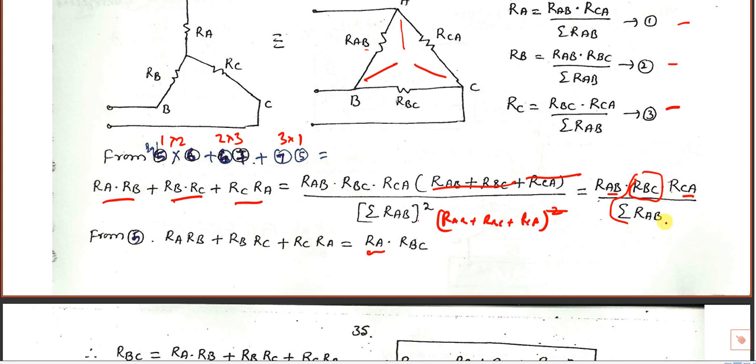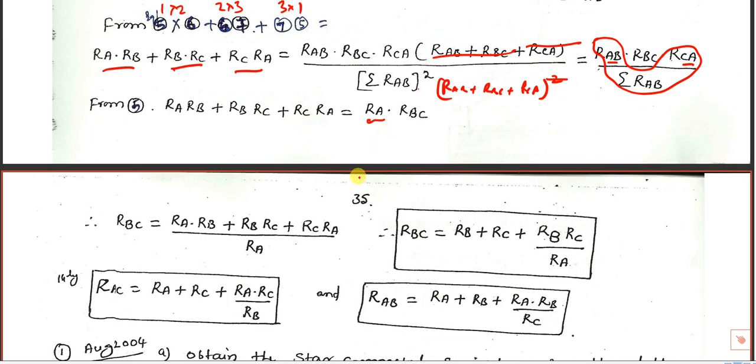We are left with RAB into RCA divided by the whole. This full thing is RA. We are left with RBC. Similarly, after that you divide throughout by RA. Dividing throughout by RA, we get RBC is equal to RA plus RB divided by RA; RA will get cancelled.